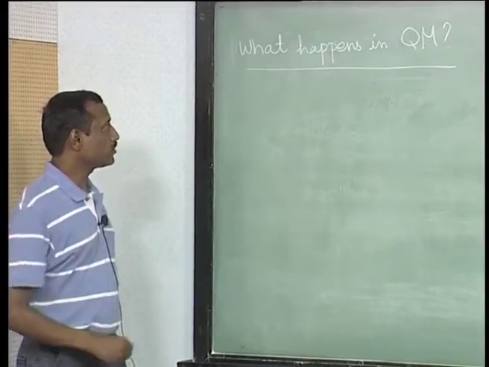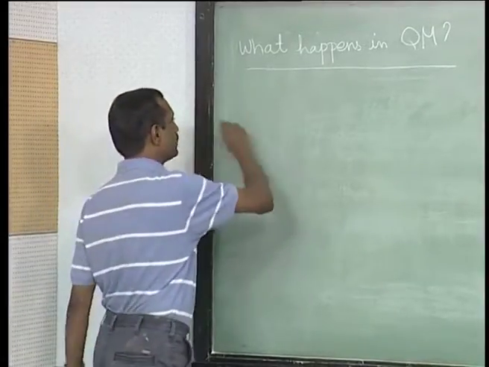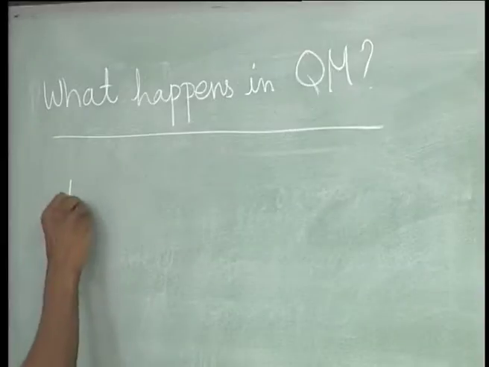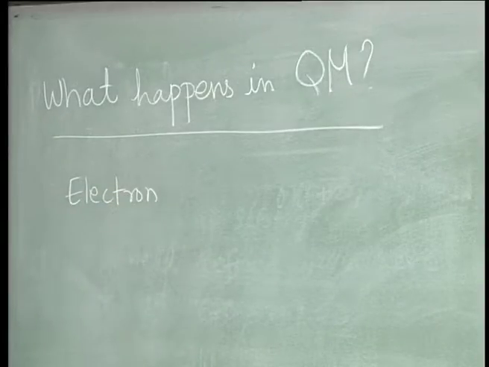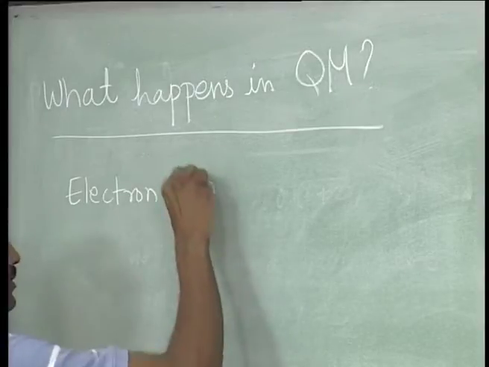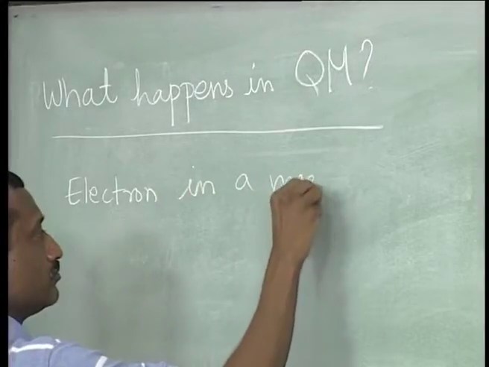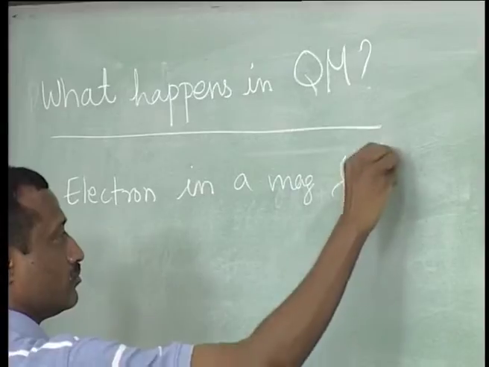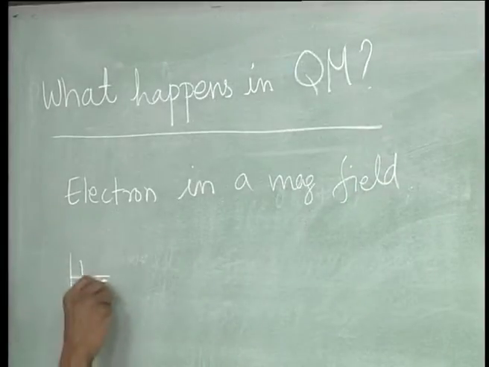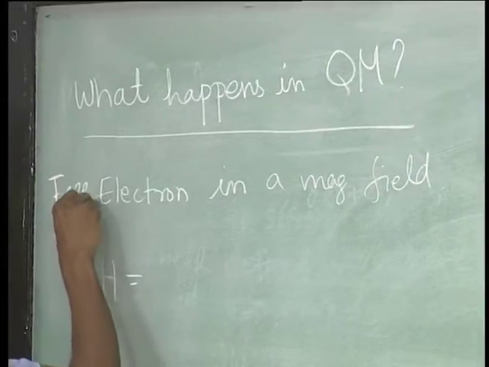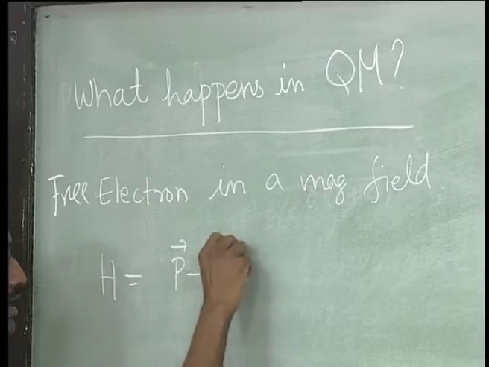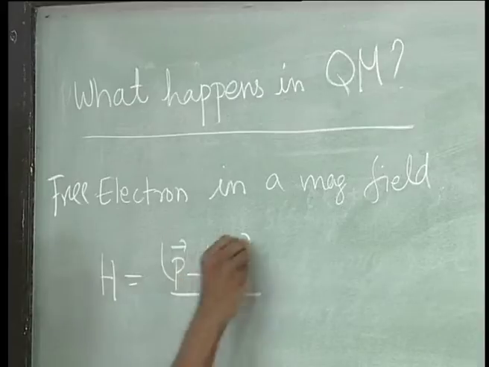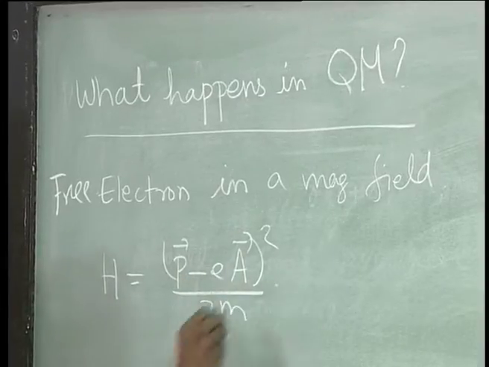The first thing is, let us consider an electron or any electrically charged particle in a magnetic field. The Hamiltonian, just for a free electron, would be p minus eA whole square by 2m. This is the Hamiltonian.